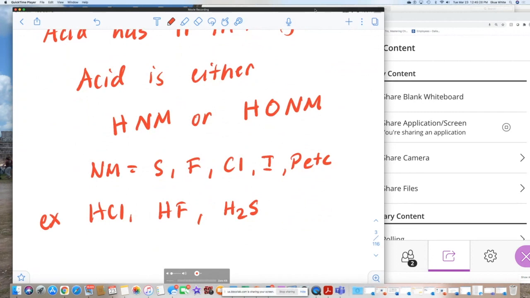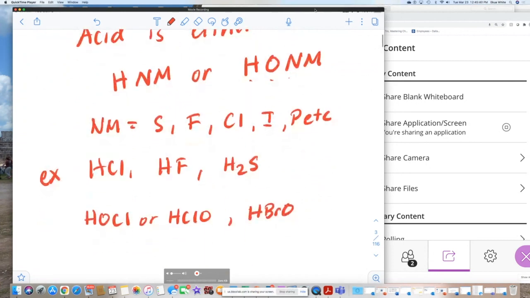And for the ones that have the oxygen, we have HOCl, or written as HClO, HBrO, and H2SO4. Once again, when we look at these examples of what an acid is, the common element we see each time is H.